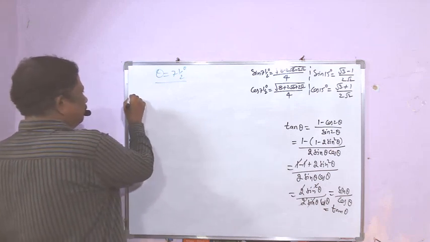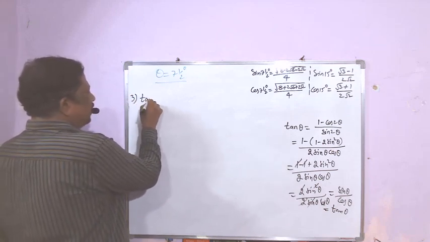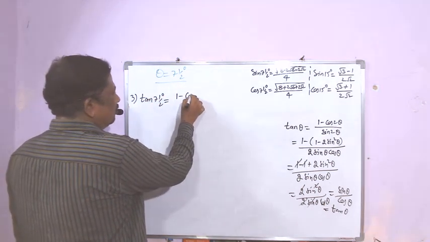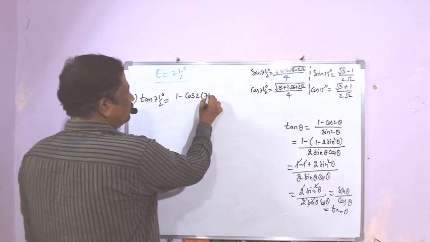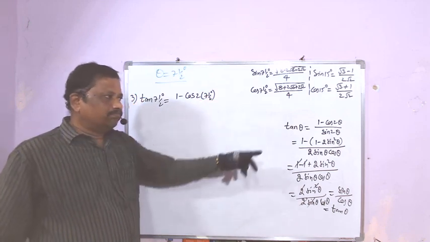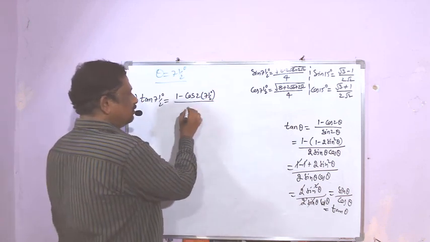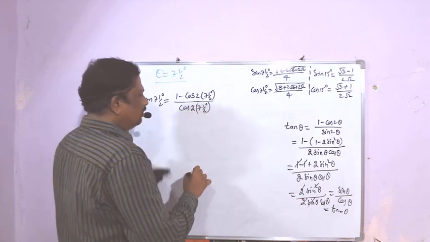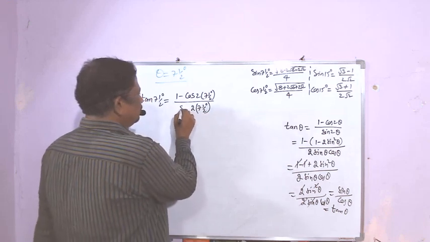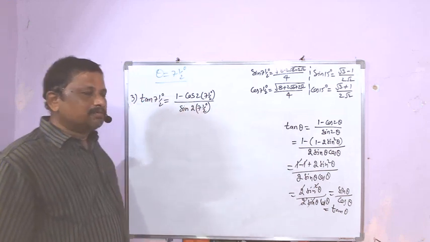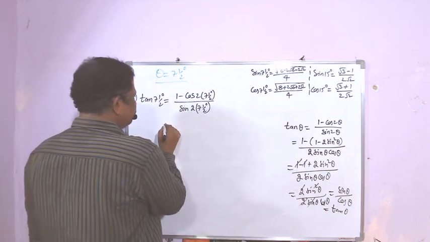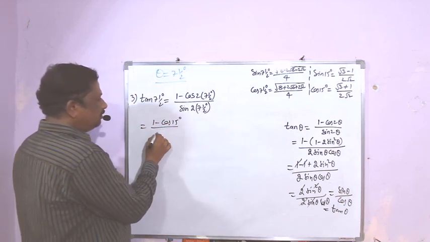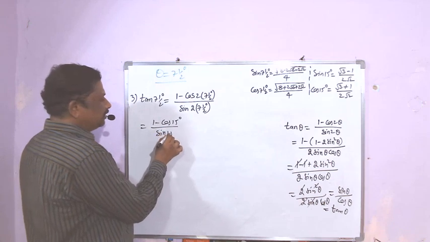So third one, tan 7.5 degrees. What form am I using? 1 minus cos 2 into 7.5 degrees, 2 theta, divided by, not cos, sin 2 into 7.5 degrees. So this one becomes 1 minus cos 15 degrees divided by sin 15 degrees.